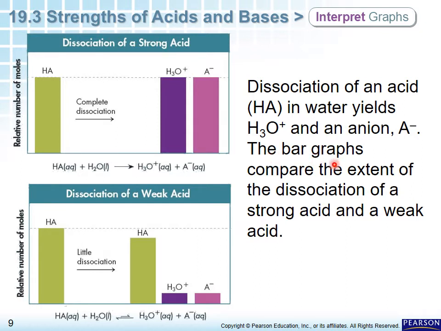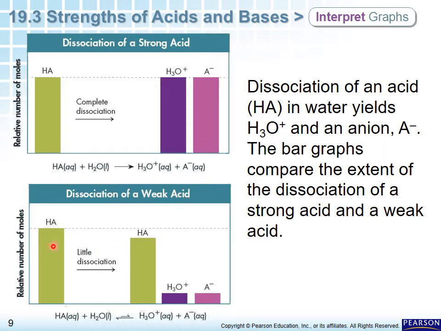The bar graph compares the extent of the dissociation of a weak acid and a strong acid. This one acid completely dissociates and gives the complete hydronium ion and complete anion, such as HCl going to be completely dissociated and give the hydronium ion completely, and then Cl ion here. And this is the equation for the strong acid.